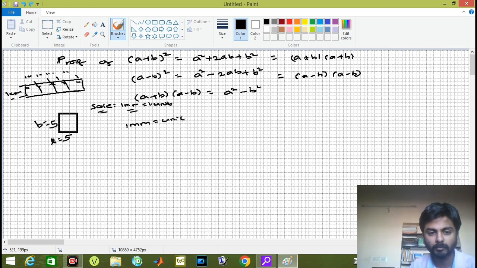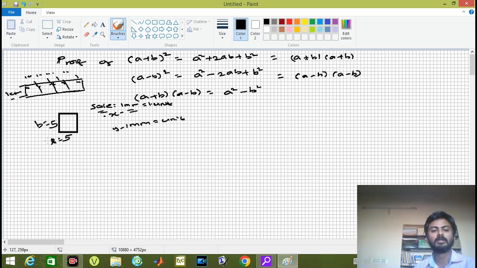Where this is on the x-axis and this is on the y-axis. Here you have 5 boxes, then 10 boxes, then 15 boxes, then 20 boxes and 25 boxes.